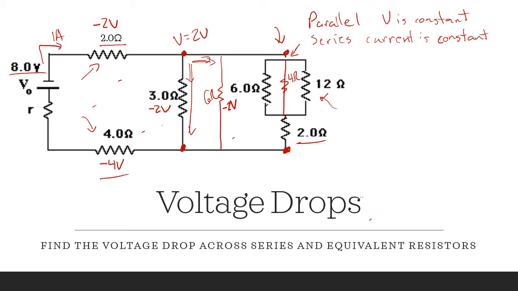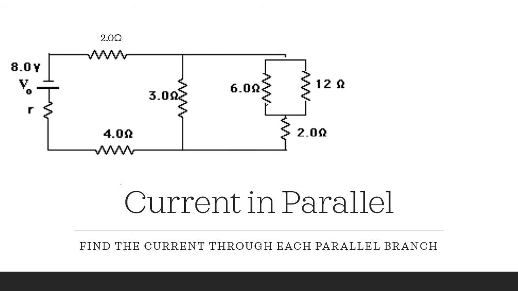I'm thinking, okay, how's that going to help me eventually? Well, we'll get there in a second. So now we've got the voltage drops across the first resistor that's in series, second resistor in series, and our parallel branches. Our next goal is to figure out the current in parallel. So we know we have 1 amp of current going into here.